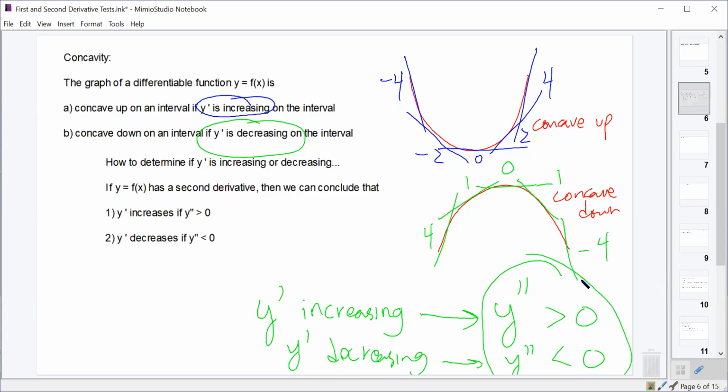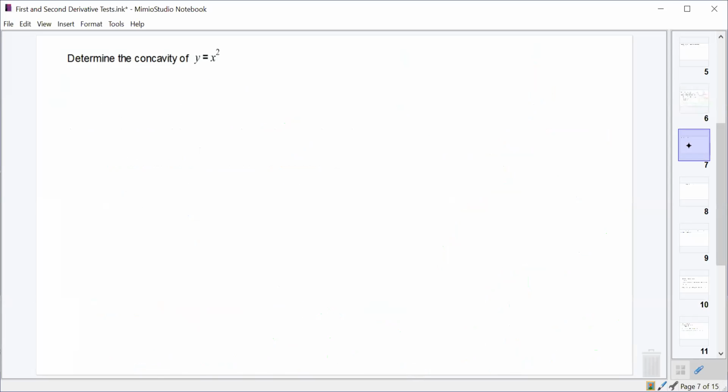Good or no? Good. All right, so let's write: concave up, y prime increasing, y double prime positive; and concave down, y prime decreasing, y double prime negative. Cool.